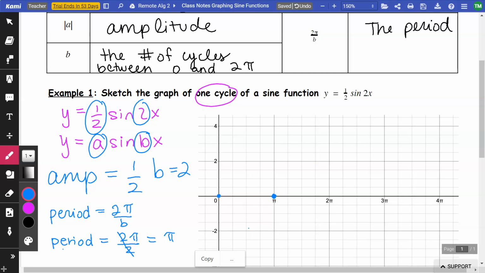So remember from yesterday's lesson, we talked about how there are 5 important points on one cycle of a sine curve, and those points are a 0, followed by a maximum or a minimum, followed by another 0, followed by a minimum or a maximum, and then followed by another 0.